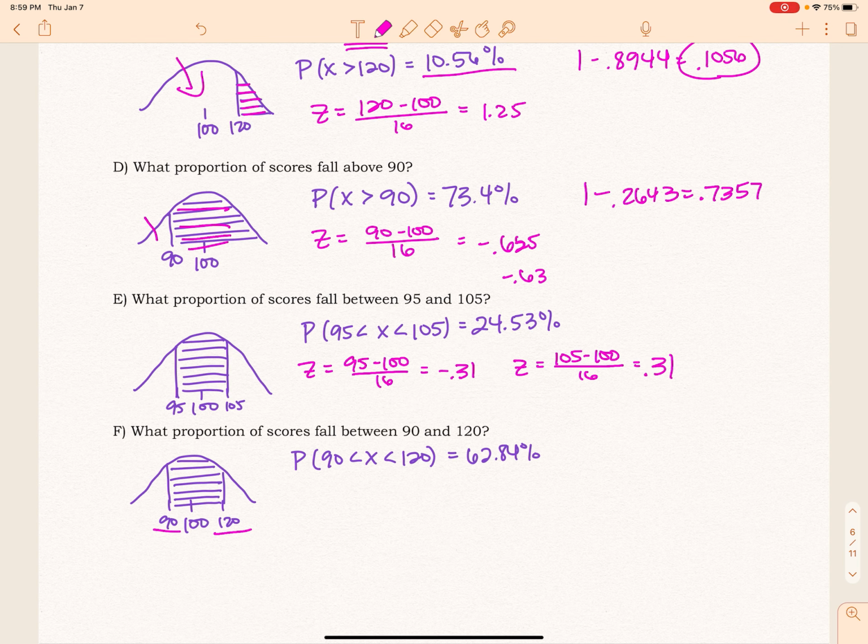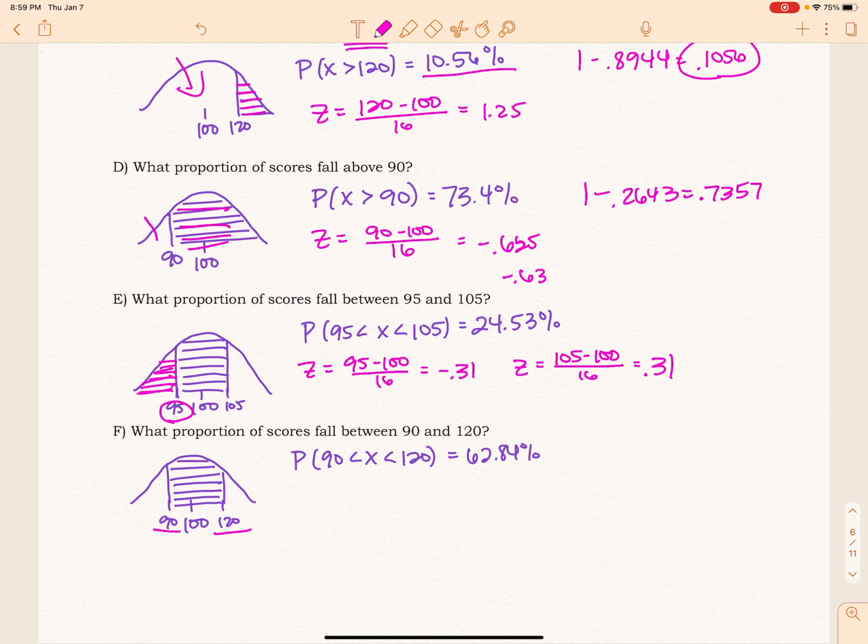It's 0.31, sorry. So what's happening here is I can get 2 areas. If I look up both of these areas, here's what it's going to give me. When I look up the area for negative 0.31 at 95, it's going to give me this area right here. Well, I don't need that area, but that's the area that it's going to give me.